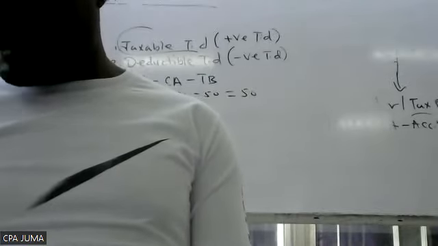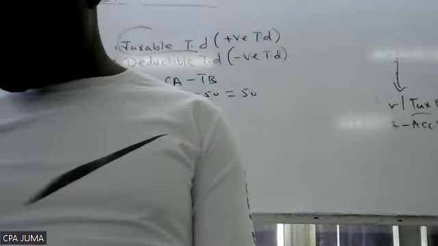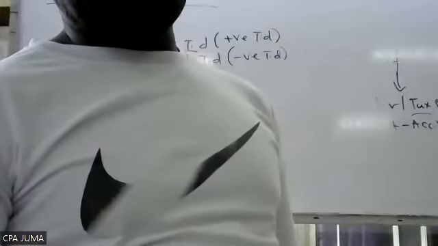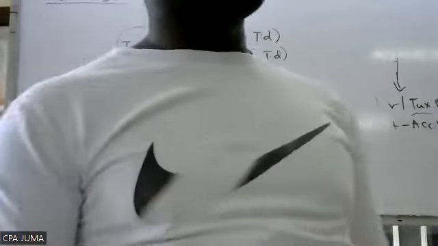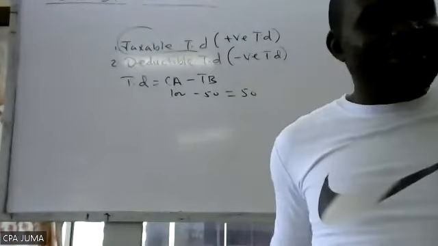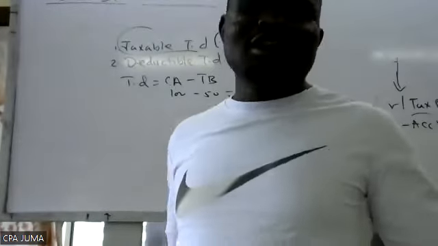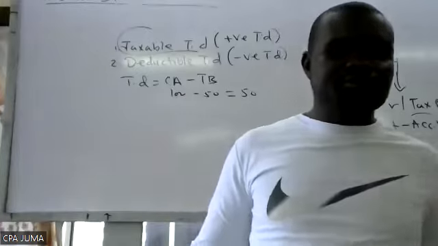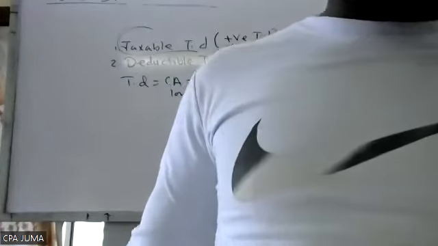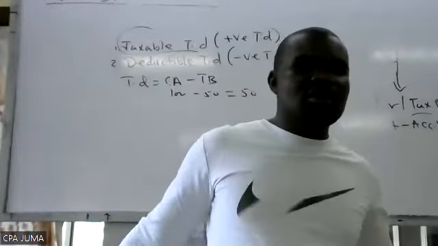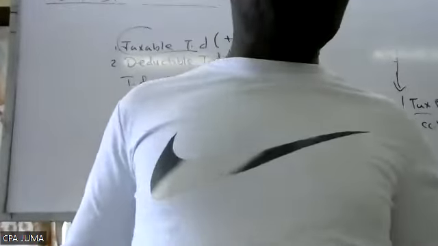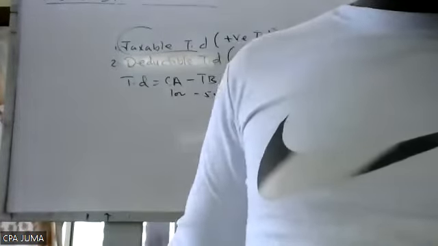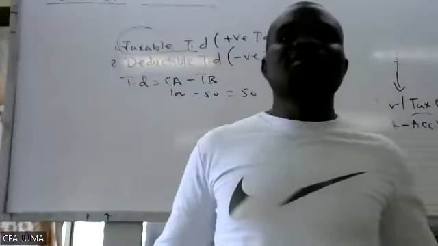Next, deferred tax liability, another terminology. Then you say, is the amount of income taxes payable in future periods in respect of taxable temporary differences.